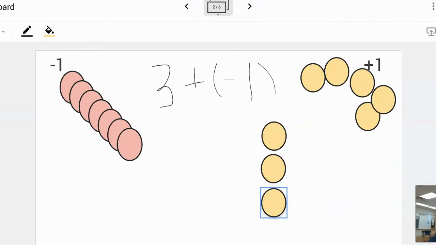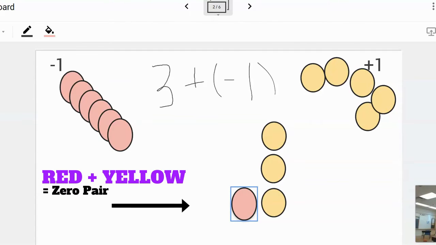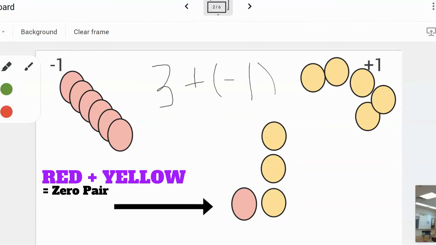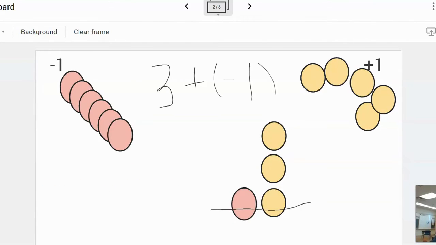Now if I add a negative counter, then I'm going to add my negative counter over here. And when those two counters meet each other, this is known as a zero pair. I think you've heard of zero pairs before. So that cancels out and leaves us with 2.